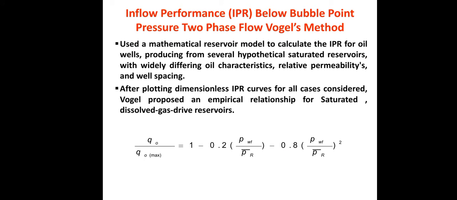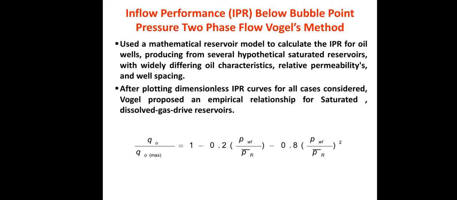Now the inflow performance below the bubble point pressure. As we said, I think you already know, when you are producing the reservoir and the reservoir pressure is still above the bubble point pressure, you have a one phase flow.